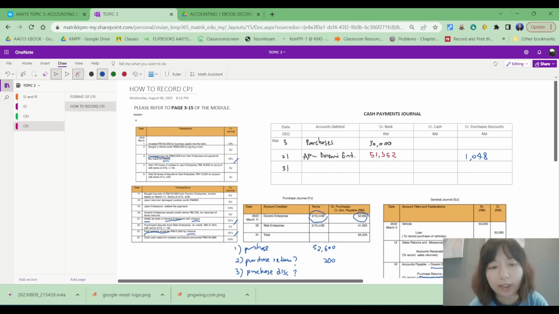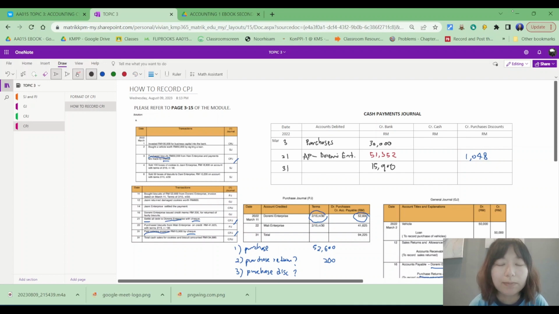Okay, so when we look at the keyword check, we know that the figures should go into the bank column. So 15,900. Okay, done. And then regarding the name that we should put into accounts debited column, salaries.